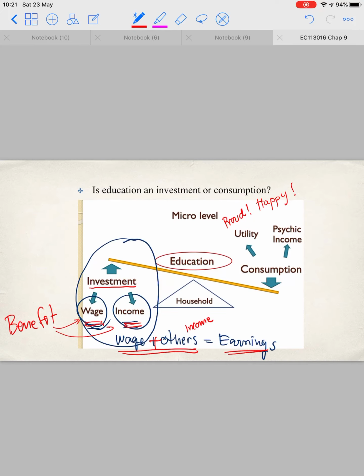Okay, on the other side is consumption. If we think education is consumption, after we consume something, we gain utility. Then, when we consume education and graduate, we gain pride, we gain happiness, or what we call psychic income, psychological income.